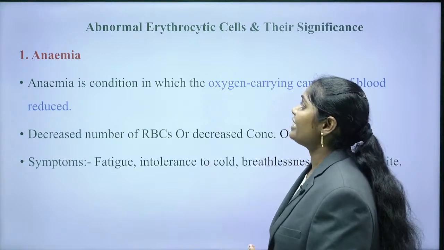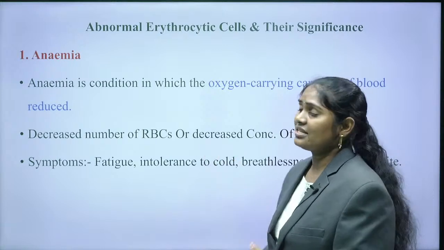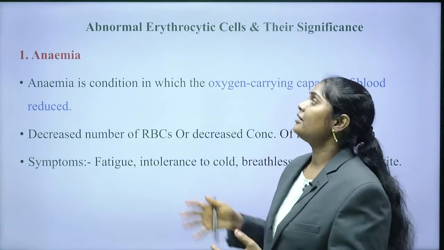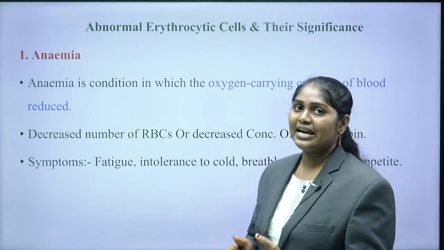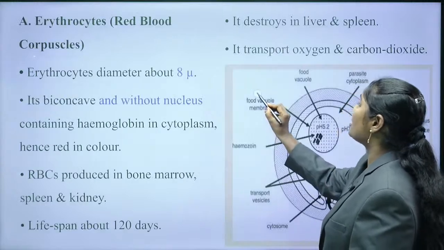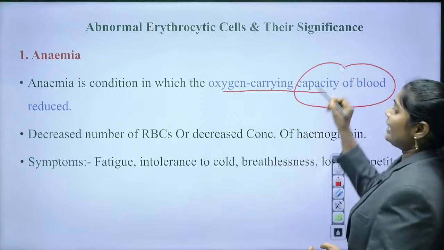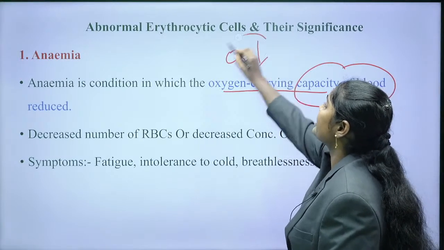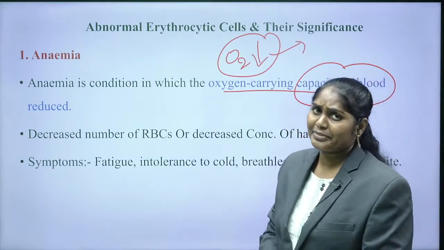Now coming to very, very important topics of RBC. The diseases of RBC are very, very important. Just now we have seen the introduction part. Now entering into the depth of your subject, that is anemia. Anemia is a condition in which the oxygen carrying capacity of the blood is reduced. Who normally carries oxygen?